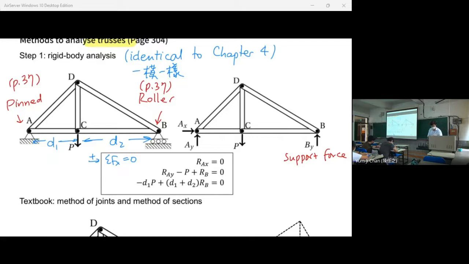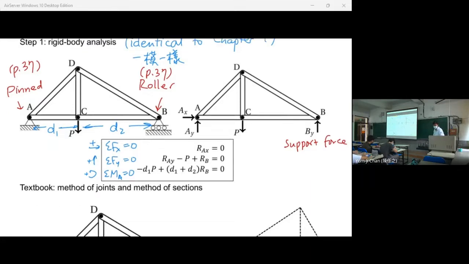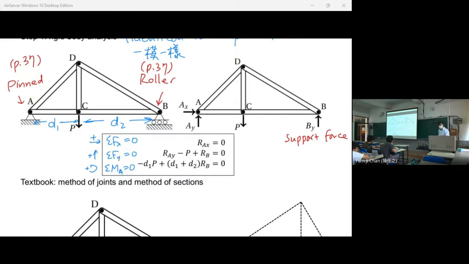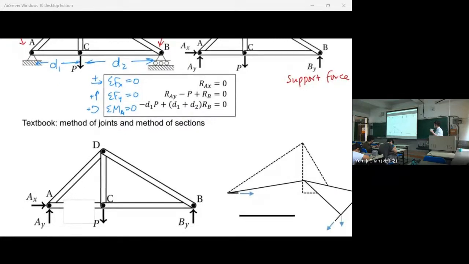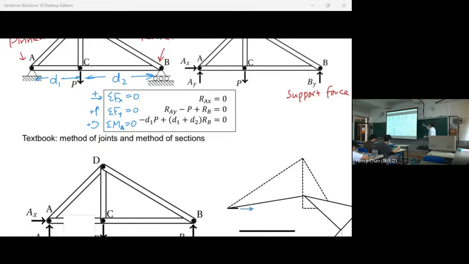Summation Fy equal to 0. And the third one is summation M, should be M_A, equal to 0. So you can get RAX, RAY, and RB. These are the same as when you work on problems in chapter 4.